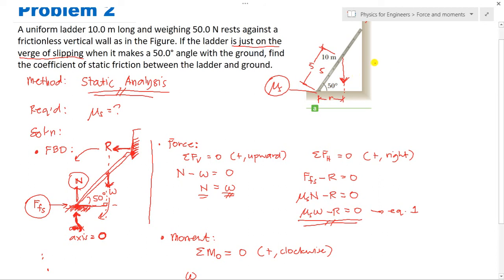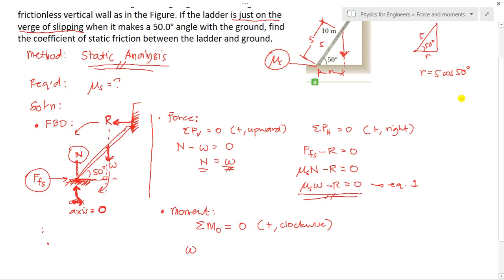Okay. If this is 5, so this is your hypotenuse. If this is 5 and this is 50 degrees, so what is this? Our R is, since R is adjacent to our 50 degrees, so we have 5 cosine of 50 degrees. Di ba? Agree ba mo? Okay. Agree. So, you can write here W, then 5 cosine of 50 degrees.